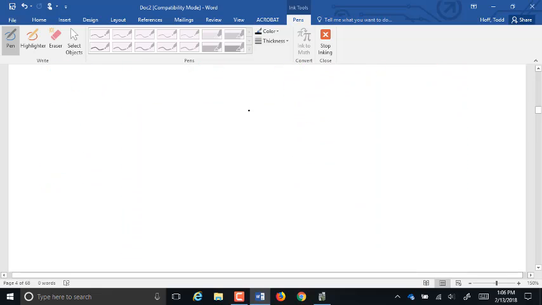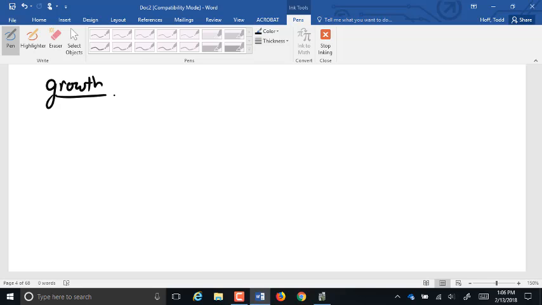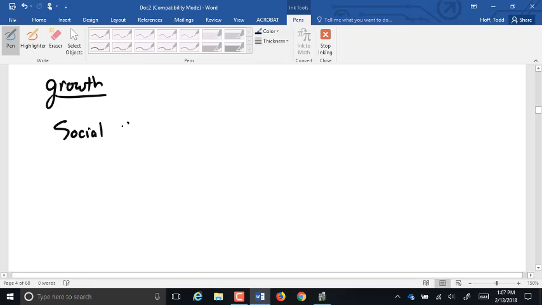Okay, well then let's take a look at growth. Growth typically takes the form of like an interest or something like that. Let's say that Social Security has a 3% annual cost of living increase.